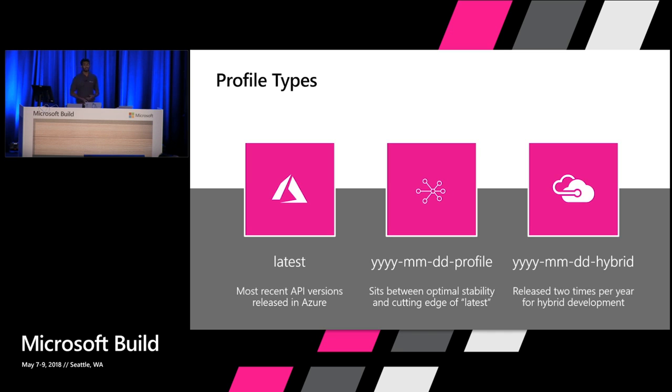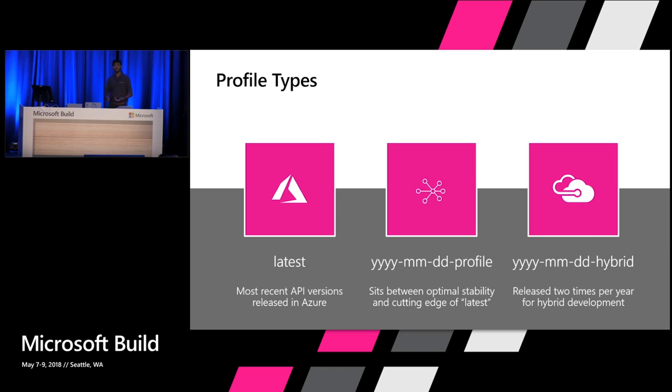These are the profile types. We have latest. It's going to be the most recent API version of anything that's released in Azure. Latest is the cutting edge. It probably won't work on Azure Stack. We have the dated profile. This is cut every few months, and it's just a snapshot of the API versions in time in Azure.